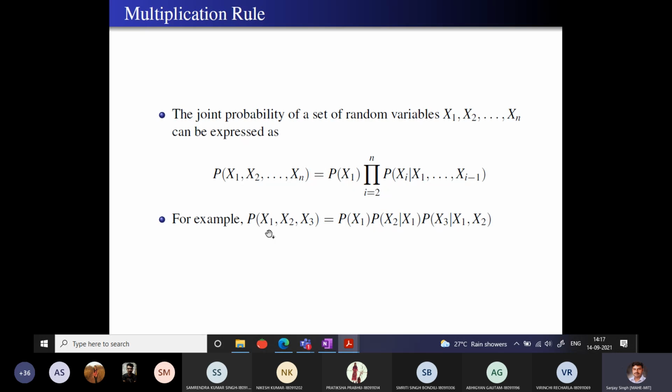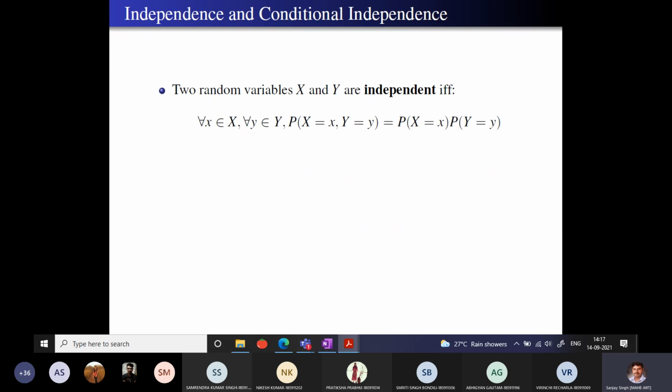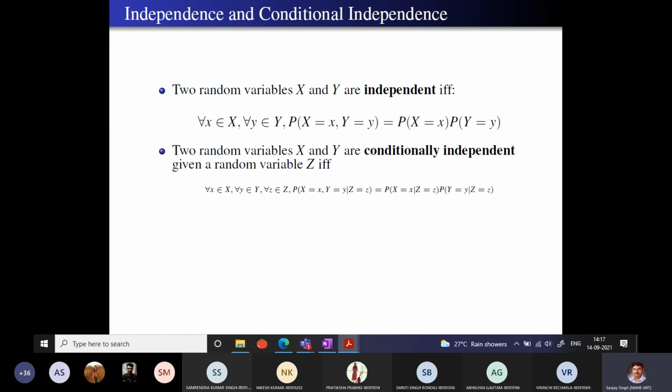See here, three random variables are there, so it's a joint PDF. You can apply this multiplication rule: P(x1) P(x2 given x1) P(x3 given x1, x2). Then there are independence and conditional independence rules. This is pretty clear, so it should not be a problem here.